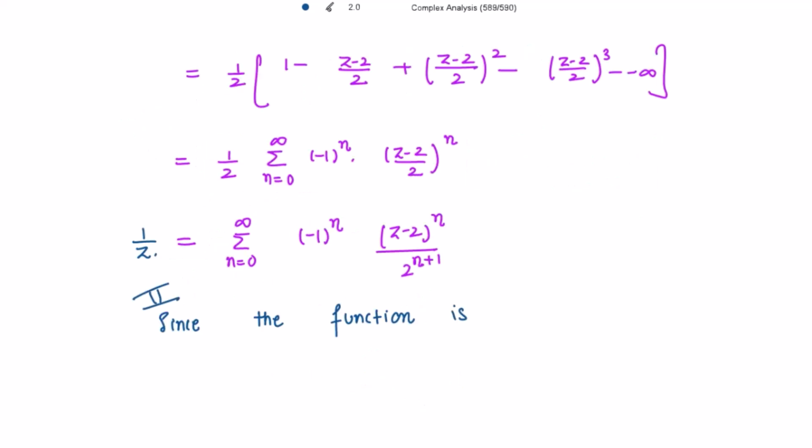And now the second part. Since the function is not analytic at z equal to 0, what is the radius of convergence?